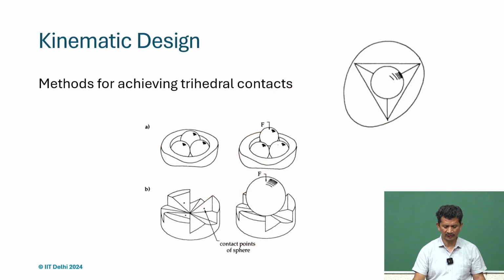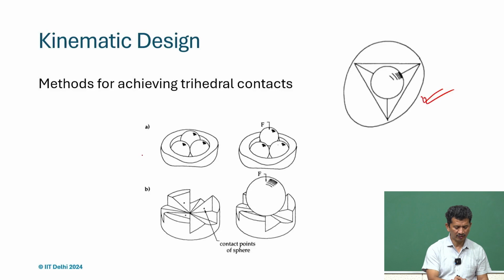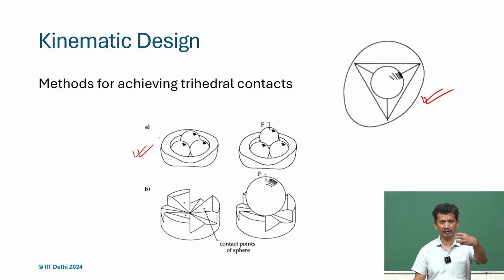So, there are various methods to create a trihedron hole, a trihedral contact. It is very difficult to manufacture. So, some easy ways: you can simply place 3 spherical balls, weld them, and then place the 4th one on top of it.